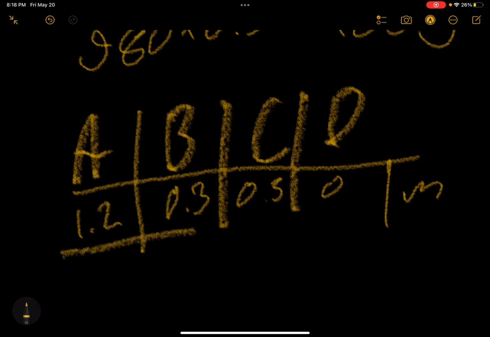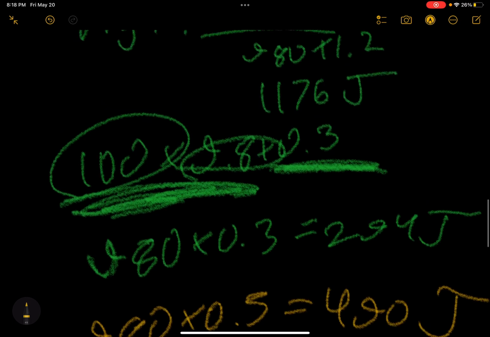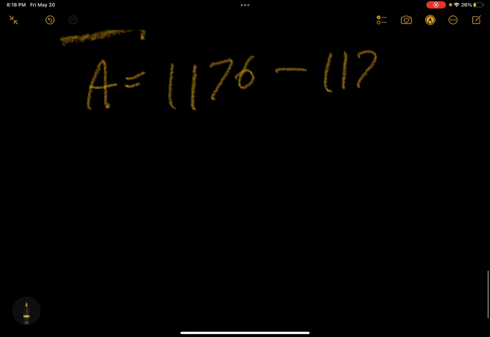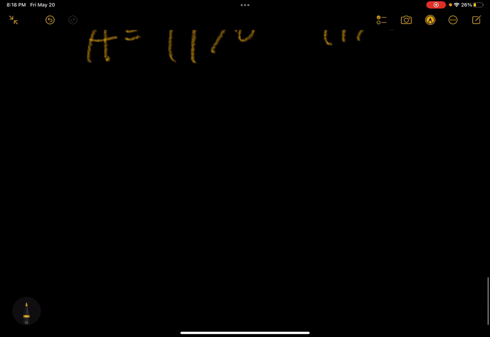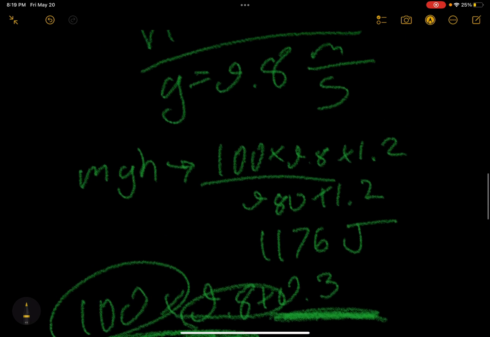So now let's do kinetic energy. Let's do A. A equals, let's see, our initial 1176, right? 1176 minus 1176. PE1 is the initial amount of joules for the height.